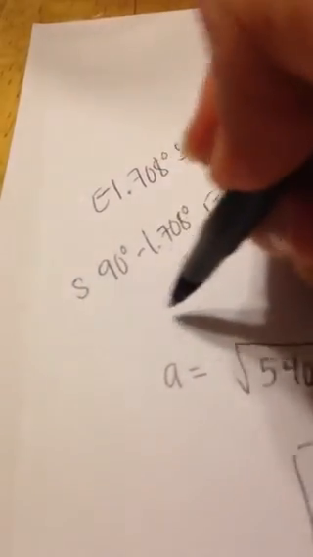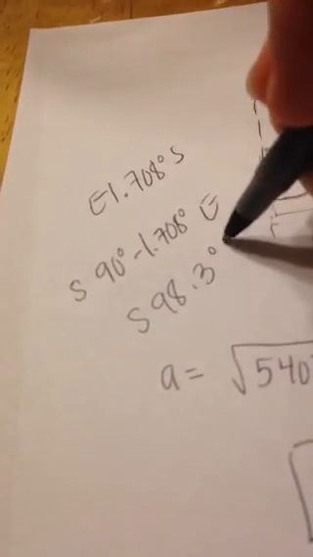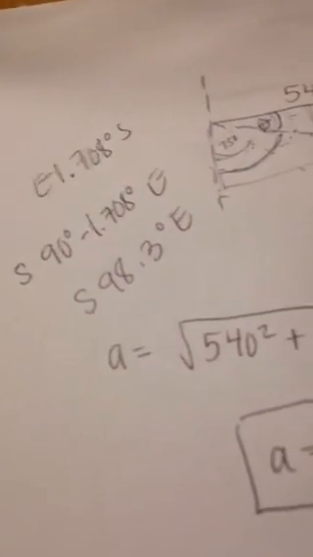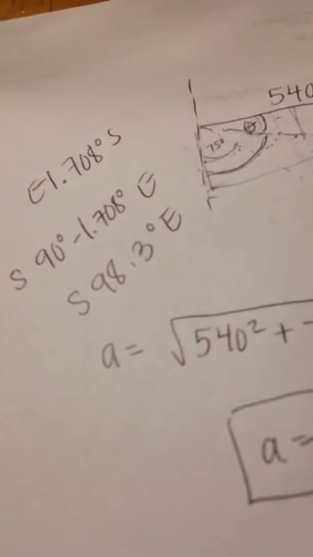South 98.3 degrees east. You could also make that your answer, because that would give you this angle right here, which when you go south and then east, you're trapping that angle. So hopefully that makes sense.